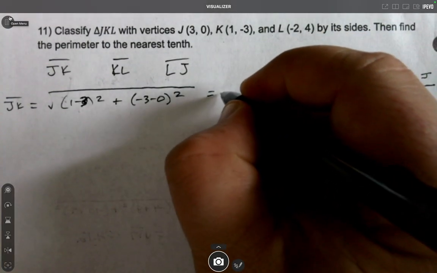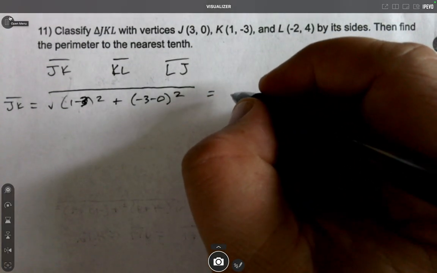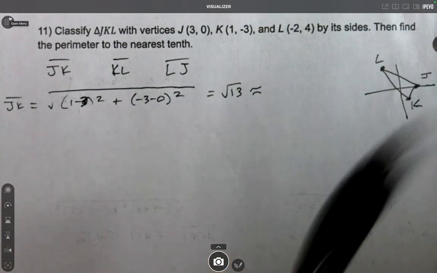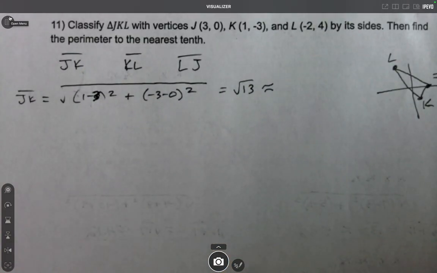Okay, that gives us the square root of 13, which is approximately, calculator out, sorry. Square root of 13. I know it's going to be between 3 and 4, but that's about all I know.